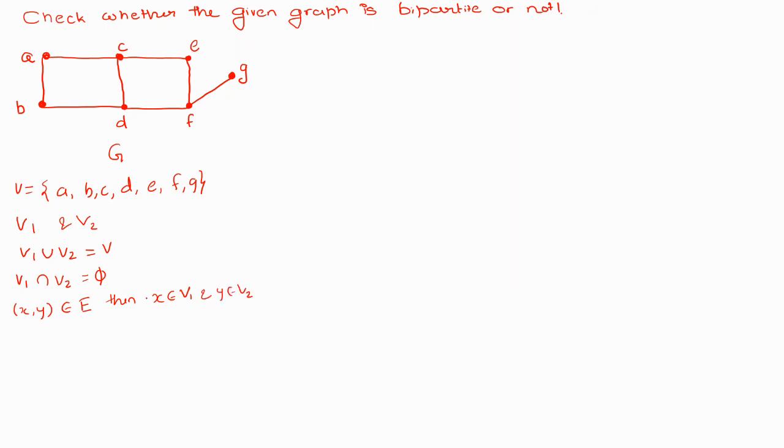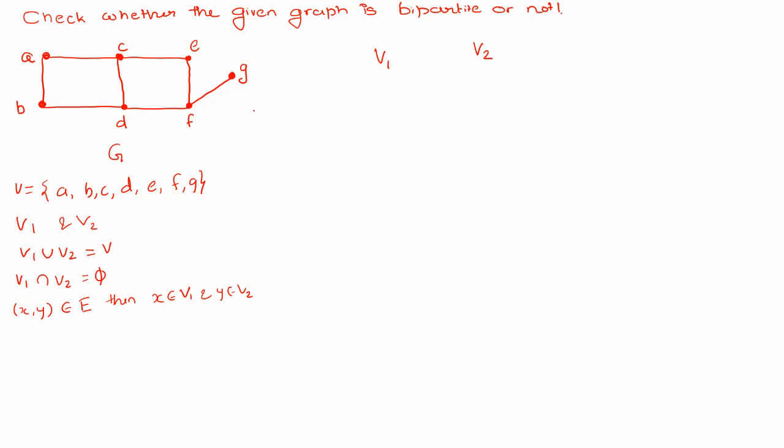So this is the condition we have to satisfy. Now if this is satisfied, then this graph will be called a bipartite graph. So now let us make two columns V1, V2. Let's try to write how this is processed.